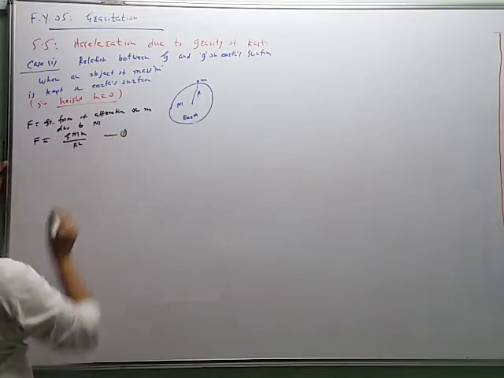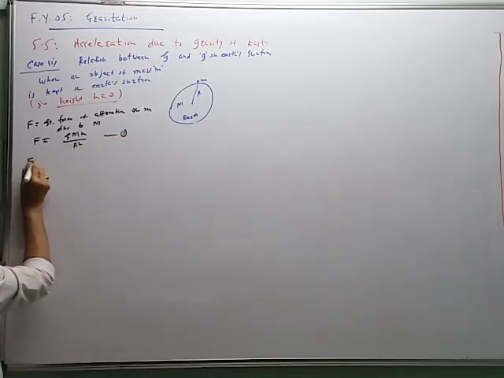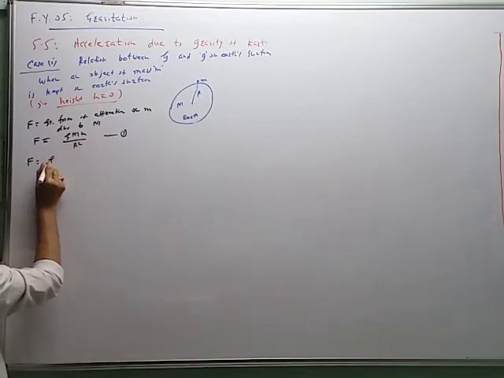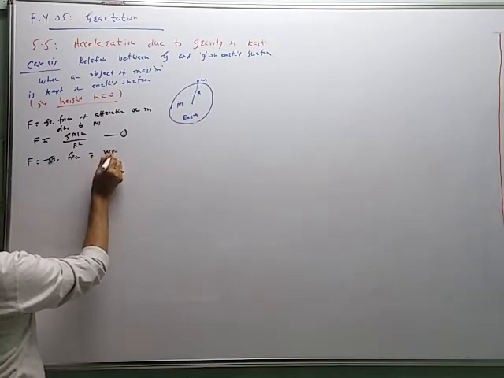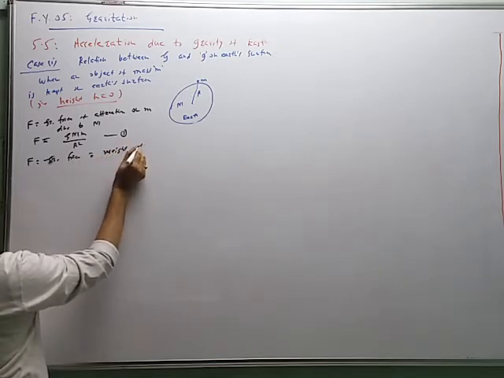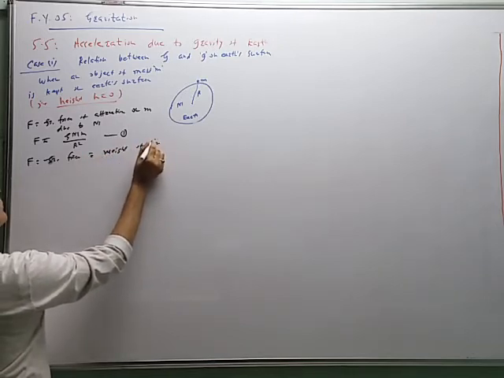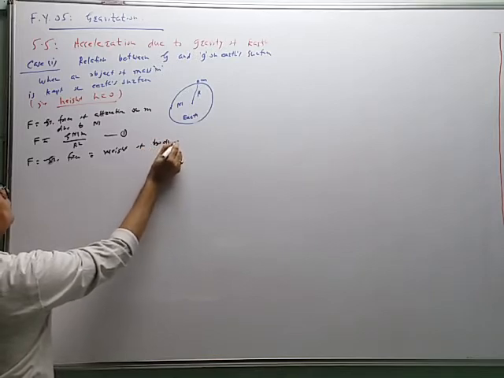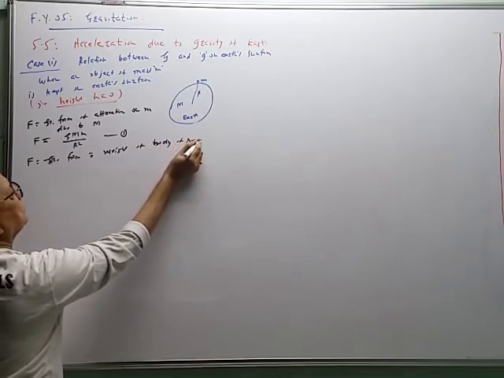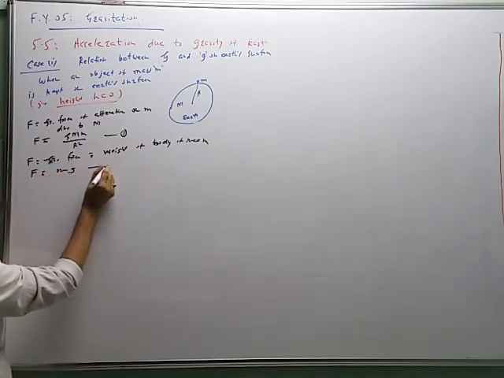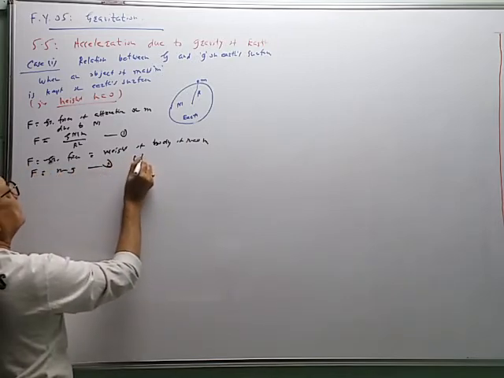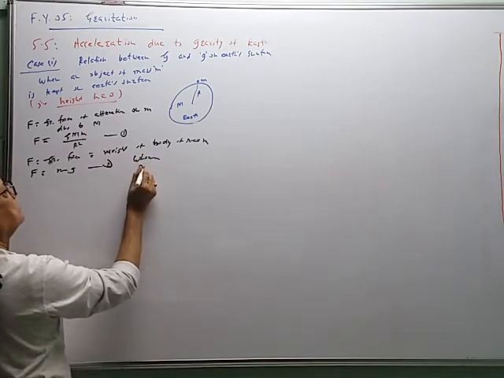This is equation 1. So F is equal to the gravitational force. It is also equal to the weight of the body of mass m. So F is equal to m into g. This is equation 2, where the meaning of g is important.